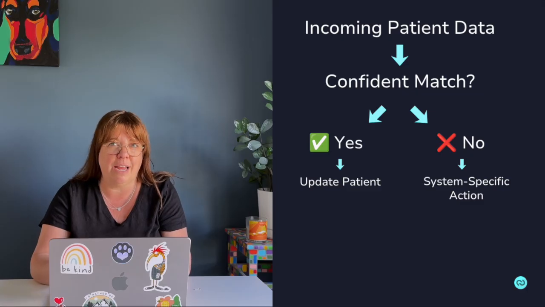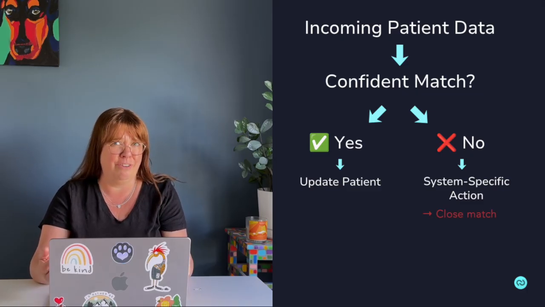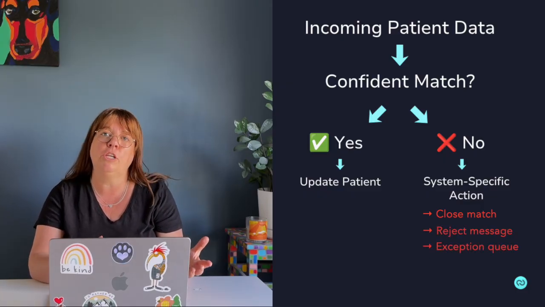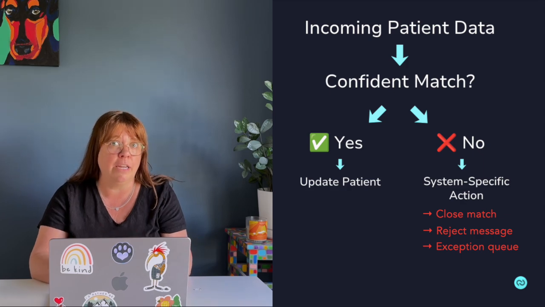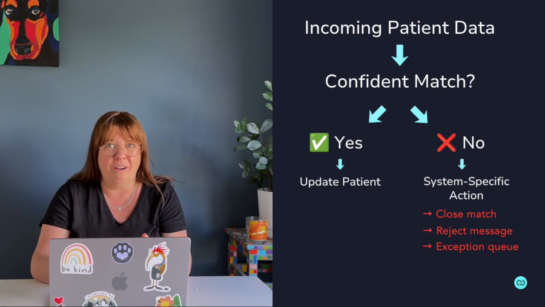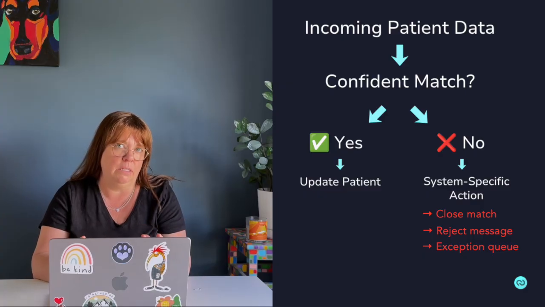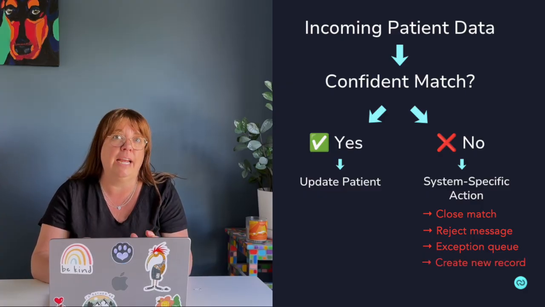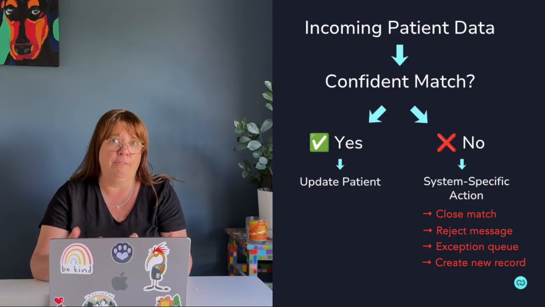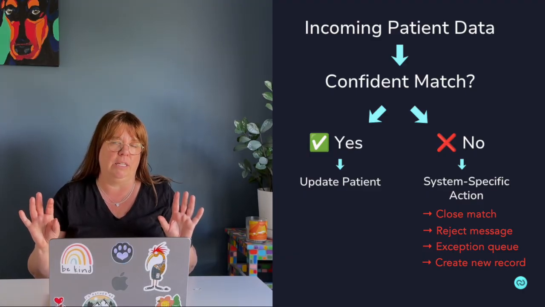You also want to understand what happens if it can't make a confident match. Is it going to file to a close match candidate? Is it going to reject the message entirely? Maybe it's going to send it off to a queue for someone in HIM to manually review and perform that linkage if it's appropriate. Or, and this is one that might make you a little bit leery, is it going to create an on-the-fly patient or a duplicate patient in the system so that now you have two separate patients that are actually really the same person?